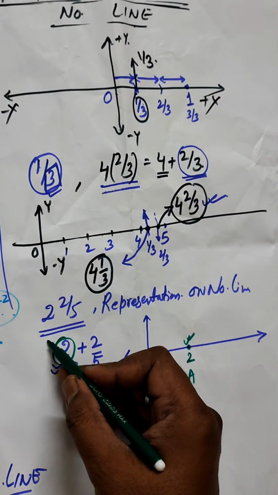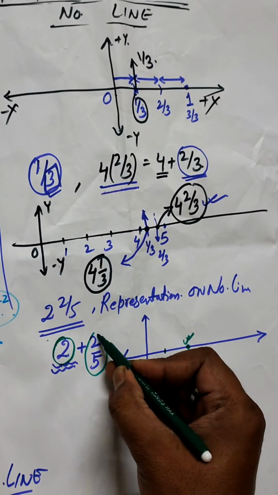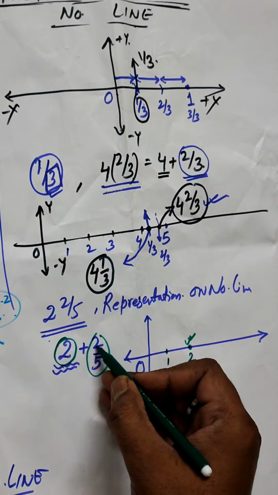But the main thing lies in representing 2 by 5. You can see 2 plus 2 by 5.